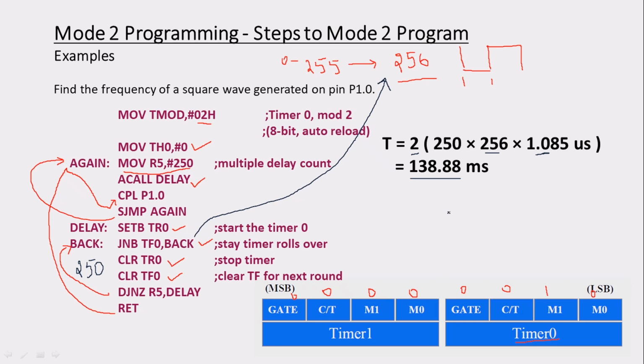Now if you want to convert that to frequency, as we know frequency is inversely proportional to time, f is equal to 1 by t. If you do 1 divided by 138.88 milliseconds, we will get a frequency of 72 hertz. So this is how we calculate the frequency generated by this particular program.